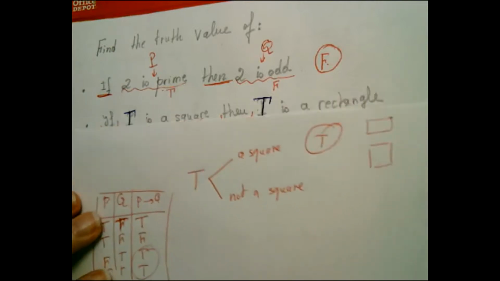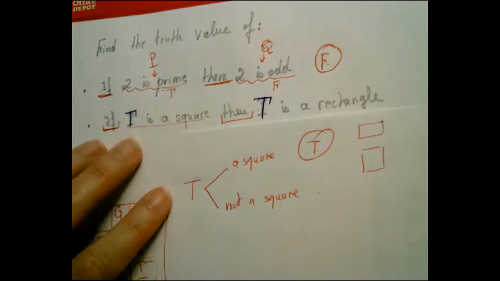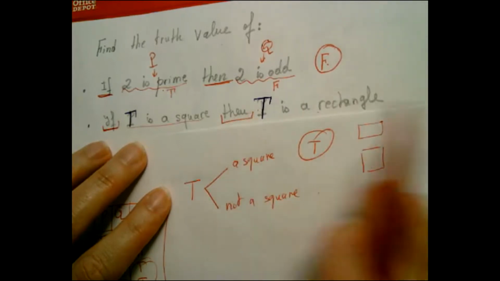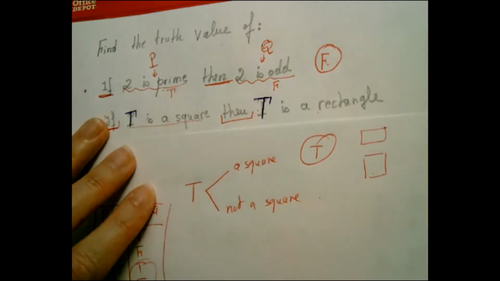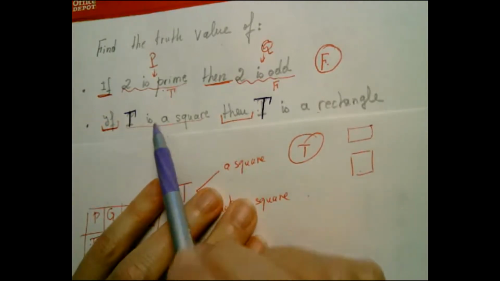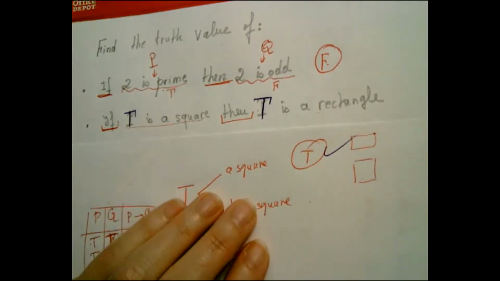And now that brings me back to this problem. T, as I said, you don't know it, but it doesn't really matter. Yeah, you have to know the tables. Absolutely, Logan. That's totally under control. So if this T in my head is a square, then T is a rectangle, and my statement is true.